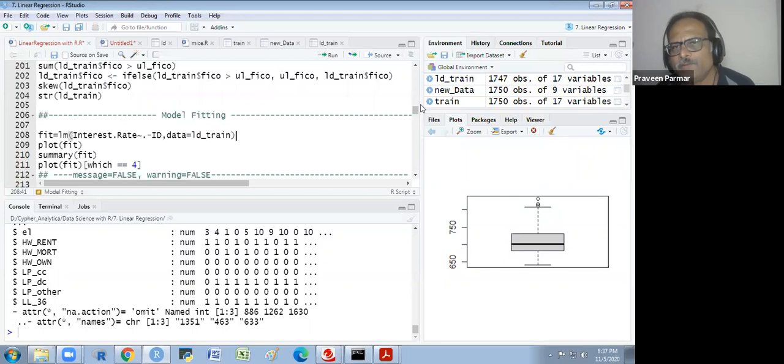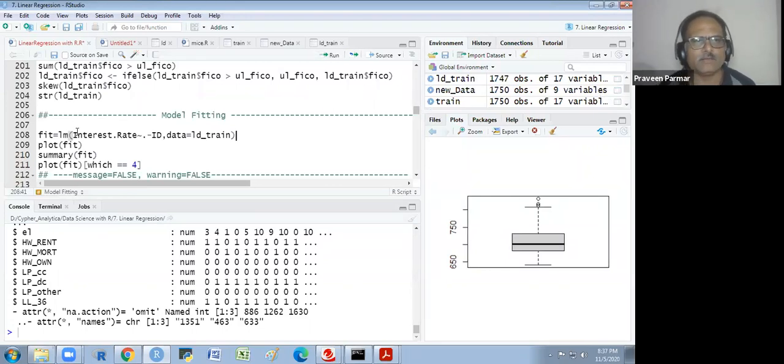So we start model fitting, and there is a function for the linear model, the lm function. The dependent variable or the target variable we have to put first, then tilde dot.